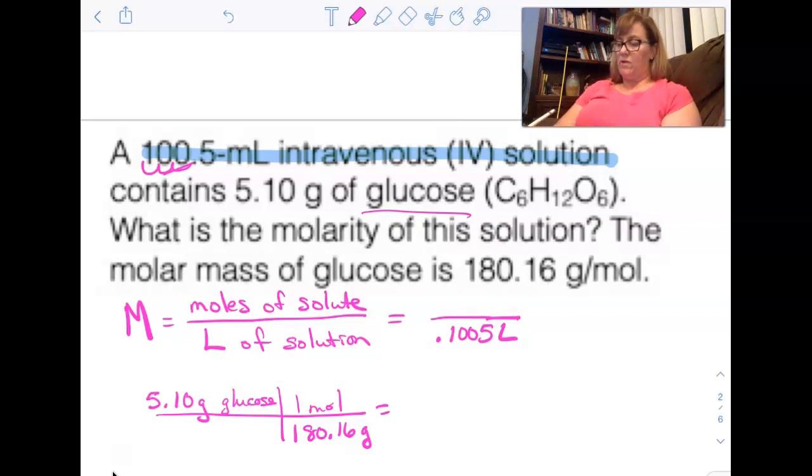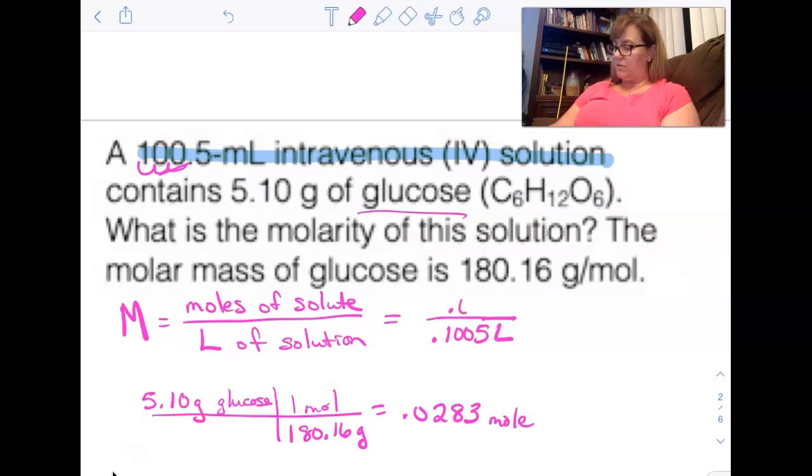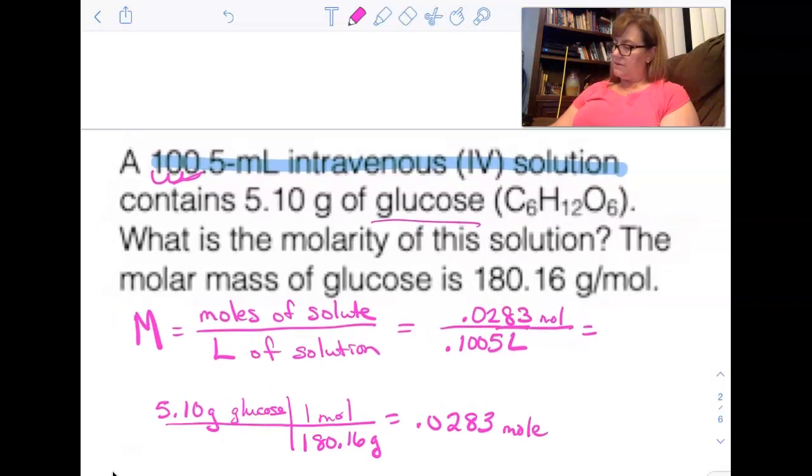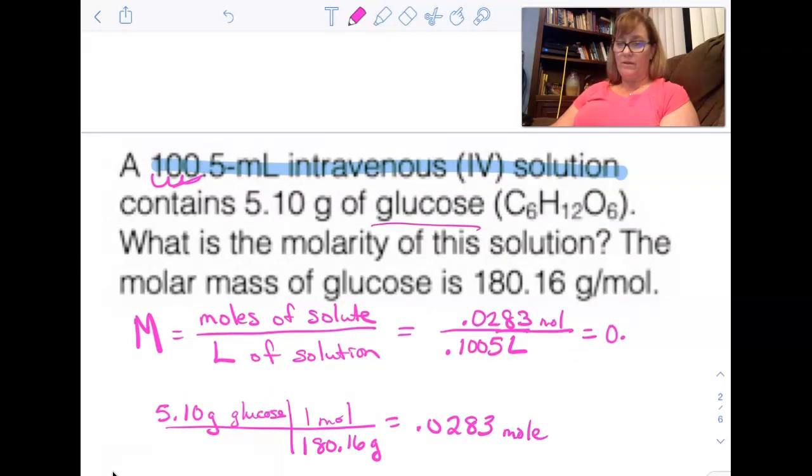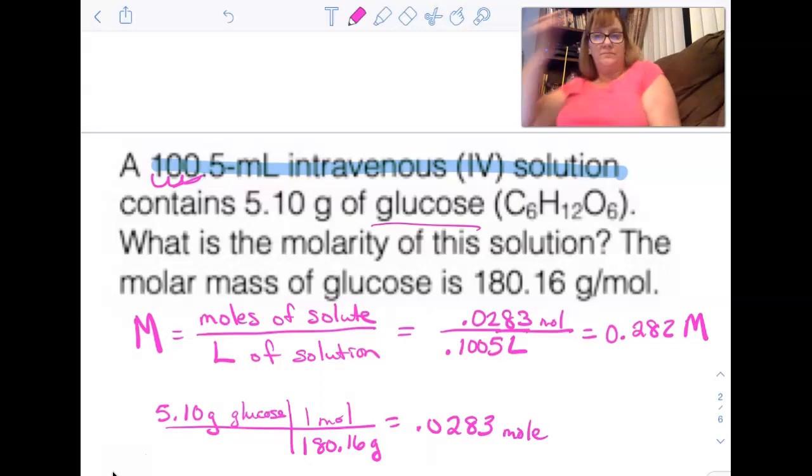So 5.1 divided by 180.16, that gives us 0.0283 moles of glucose. That's going to be our numerator. And when you calculate this, you're going to get 0.282 molar solution. That's the molarity.